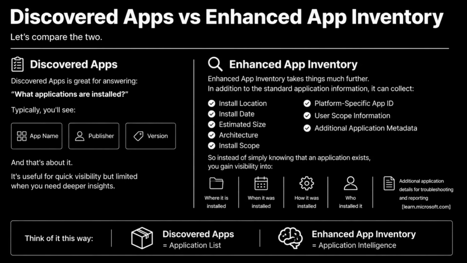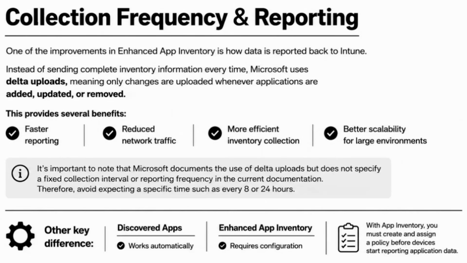So instead of simply knowing that an application exists, you gain visibility into where it is installed, when it is installed, how it was installed, who installed it, and additional application details for troubleshooting and reporting purposes. Think of it this way: discovered apps is equivalent to an application list, but enhanced app inventory is equivalent to application intelligence.